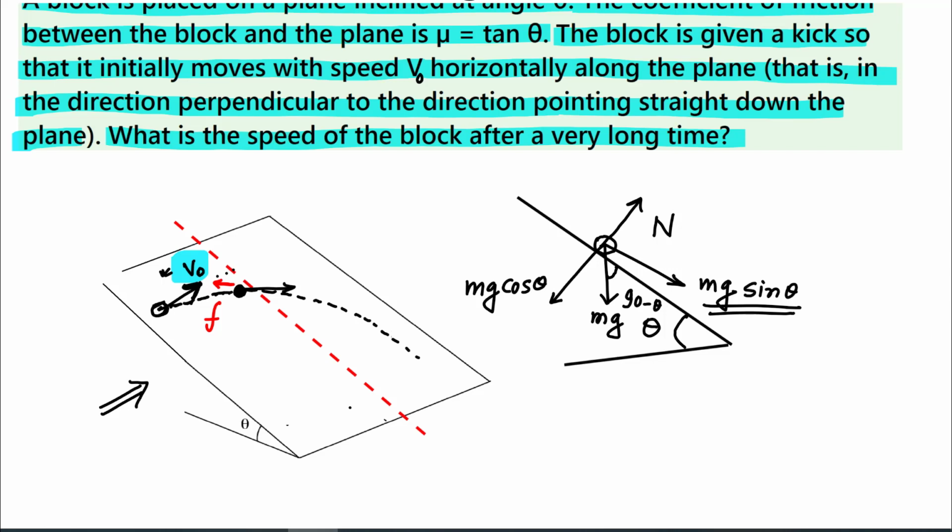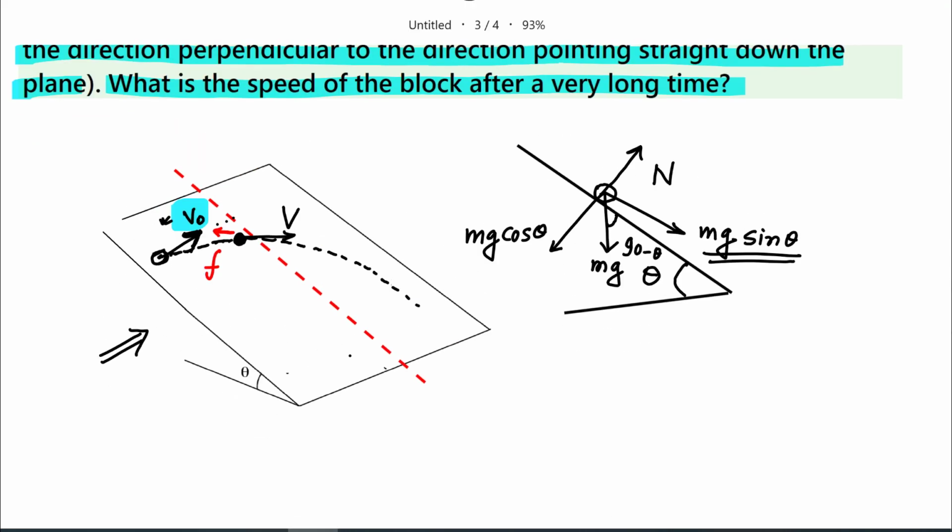Initially this was v naught, but now it will not remain v naught, it will be v. So the speed of the block will decrease.